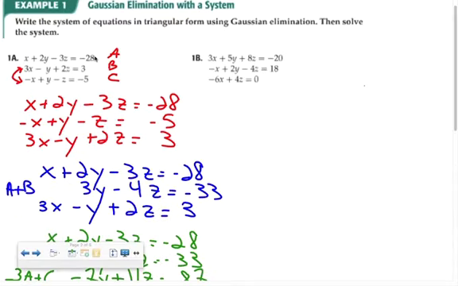And we do the same for part B. So first thing I'm going to do is rearrange these so that this equation is first.